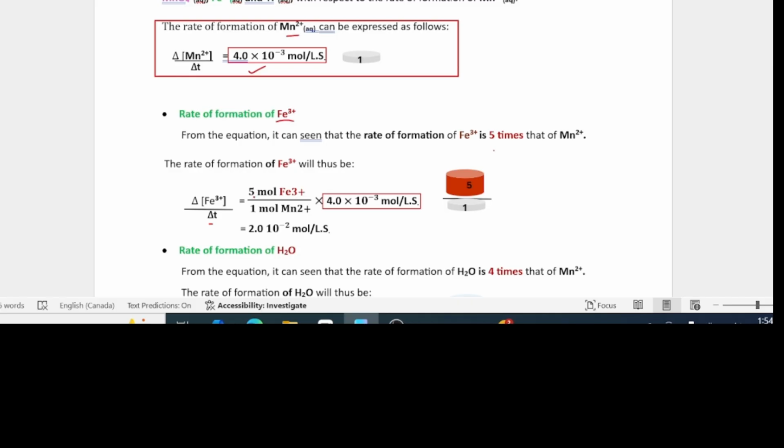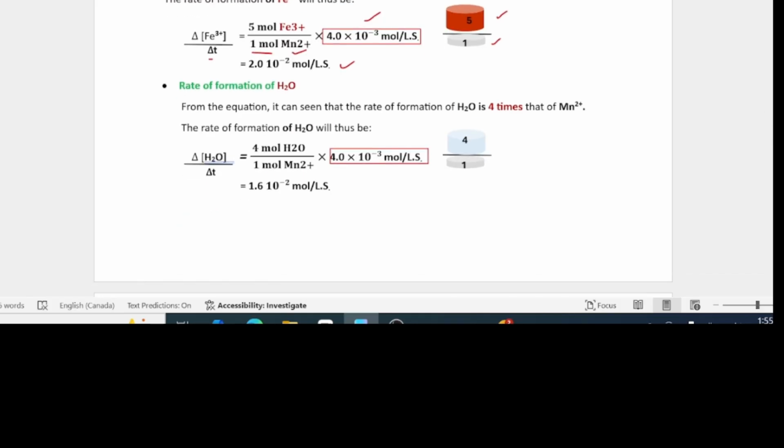We put that as a numerator here, and the one that has been calculated, we leave that as a denominator, and we multiply by the experimentally determined rate. So you can see we're establishing the mole ratio, and you can see you're having 5 moles per liter to 1 mole per liter of that, because the rate of formation of Fe3 plus is 5 times that of Mn2 plus, and that's our answer there.